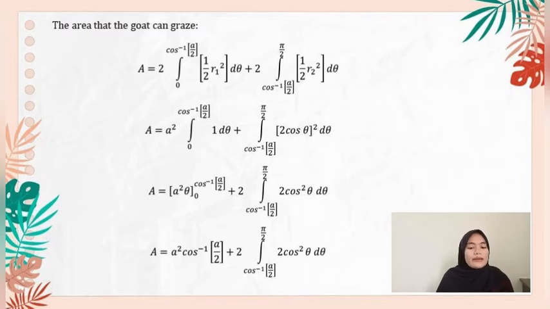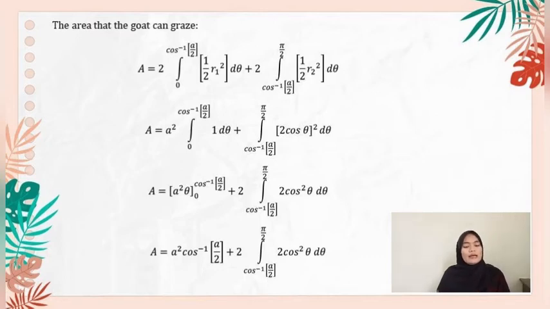Then when we integrate 1, we get theta. So for the first area, we get a square theta with the limit 0 until cos inverse a over 2, plus 2 cos square theta d theta with the limit cos inverse a over 2 until pi over 2.